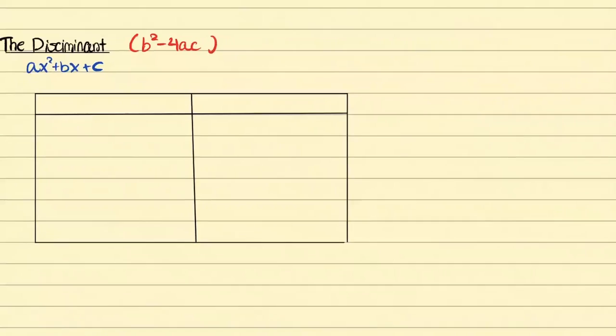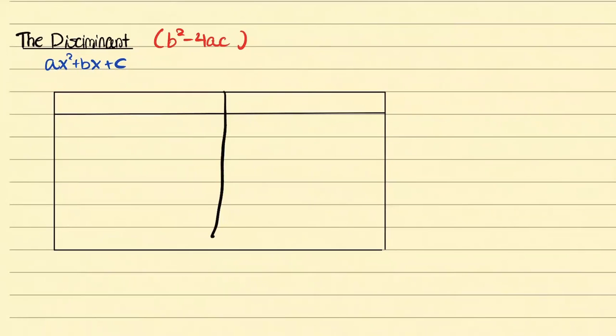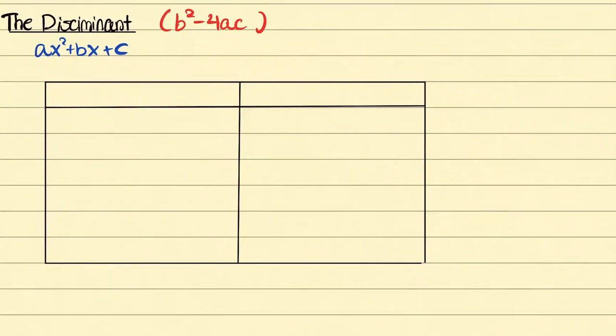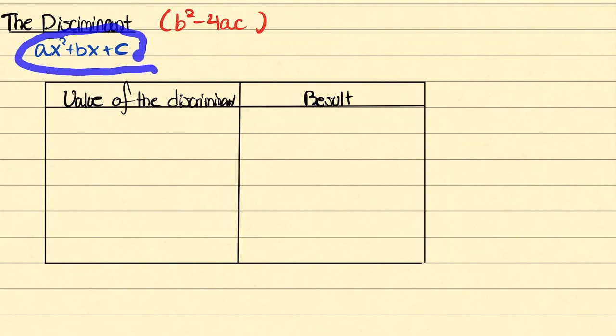So here's a little chart: the value of the discriminant, and then the result if you were to plug this equation into the quadratic formula. What we're doing is analyzing the discriminant to determine what type of solutions I get out if I were to solve this equation using the quadratic formula.